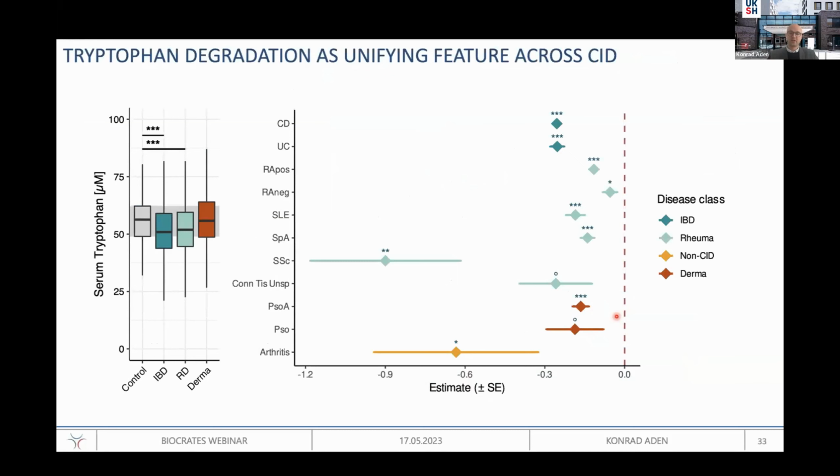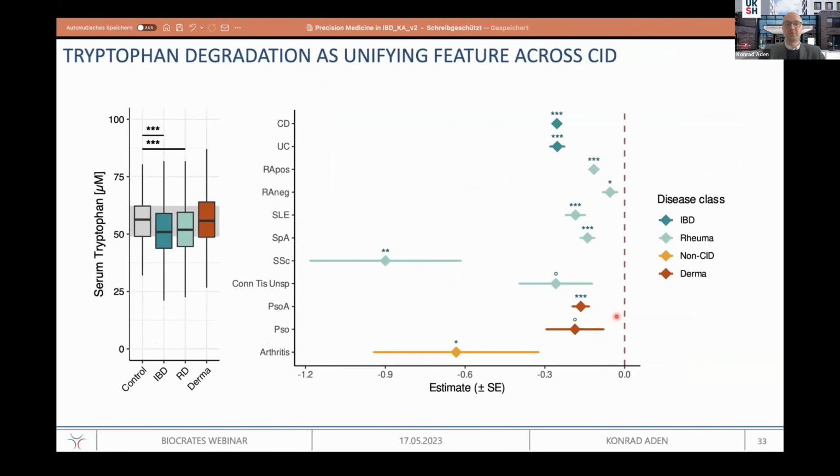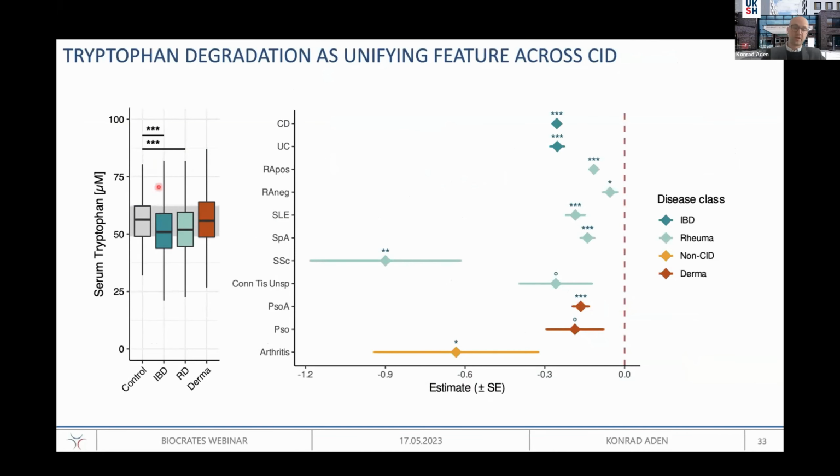So at first glance, we wanted to know whether tryptophan degradation is a feature that is also seen in other chronic inflammatory diseases. And if you take all patients with rheumatoid diseases together, you also see a significant reduction of the serum tryptophan in patients with rheumatoid diseases.